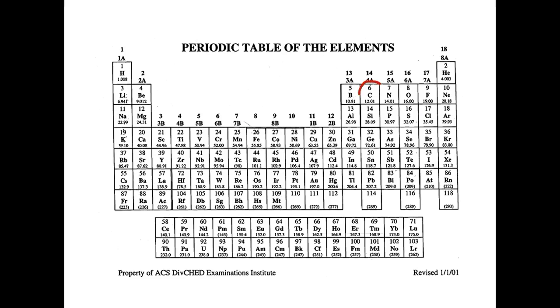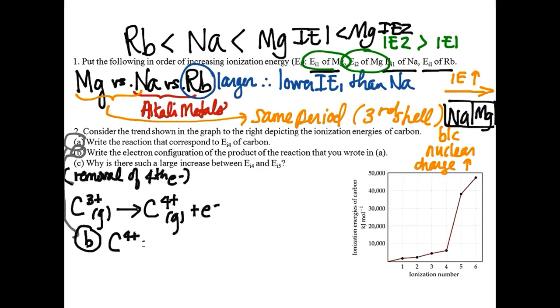Carbon is here, but we've removed 4 electrons, and that's going to be all 4 valence electrons. So if we remove all 4 valence electrons, that means that it's going to have helium's noble gas configuration. 1, 2, 3, 4. So we're going to end with helium. So carbon +4 as an ion is just 1s2, right? It's got helium's noble gas configuration, and that's unusually stable.